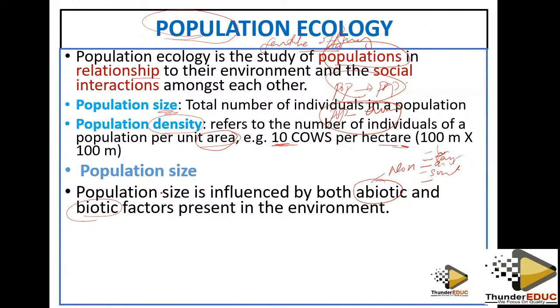So population size will be determined by that. How much meat you eat every week will determine how many cows you will need to slaughter, and that will definitely be linked to the number of cows which are present in that area.